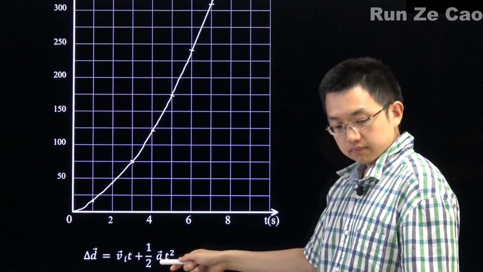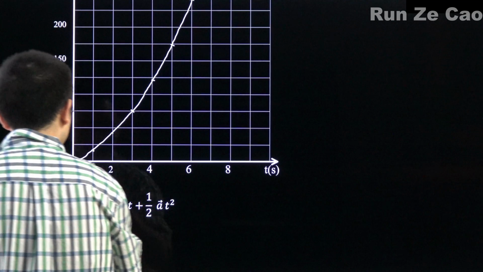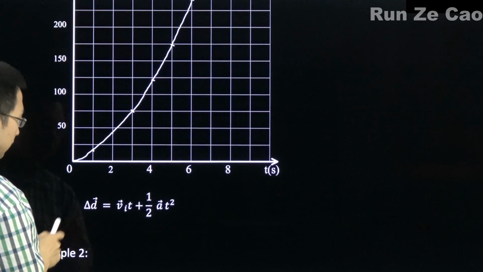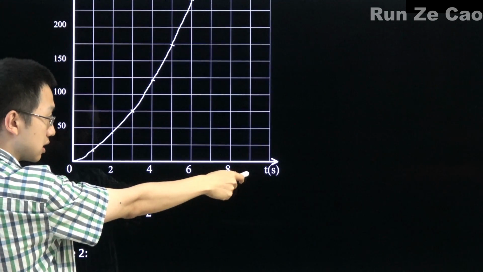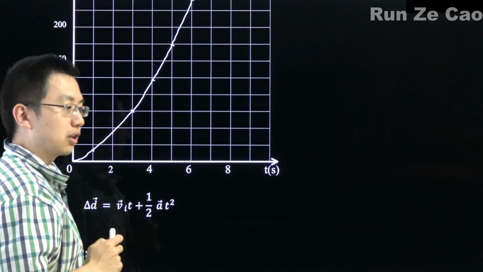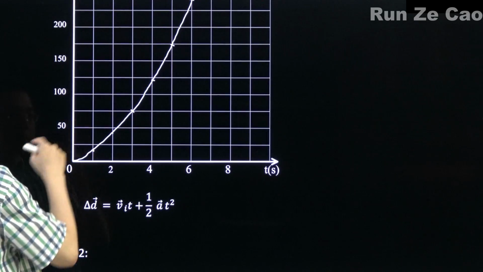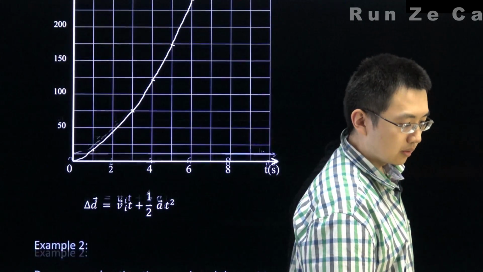That's because the function for displacement is this. Displacement is on the vertical axis, so you can think of this as y equals ax squared, x being t here instead, plus bx, so initial velocity times time, plus c, so wherever you began, as your constant value.